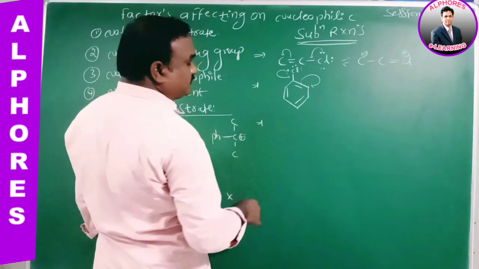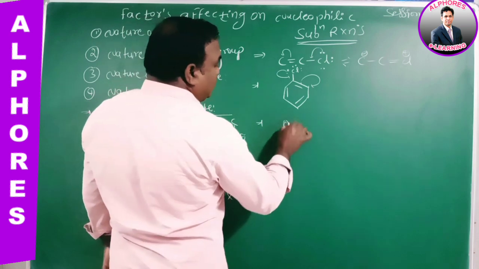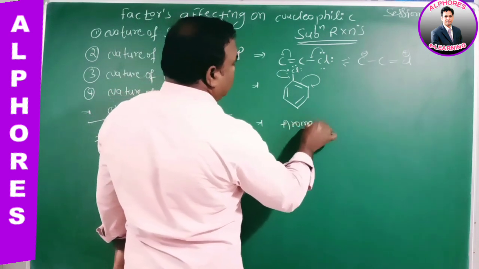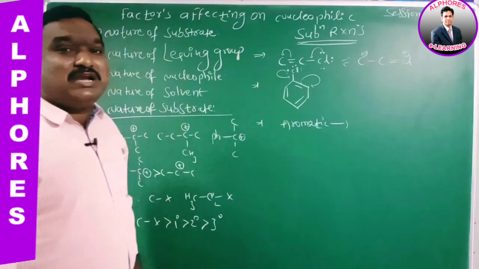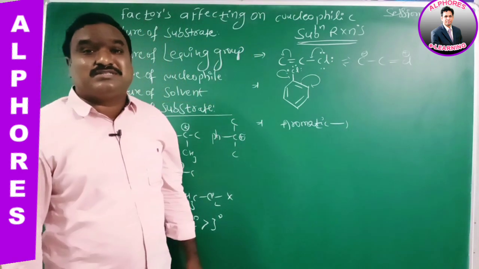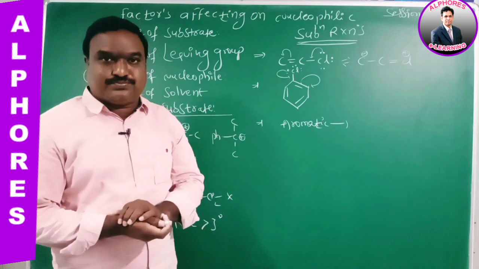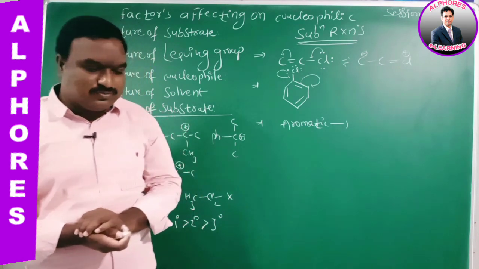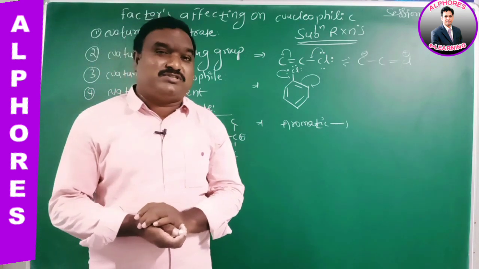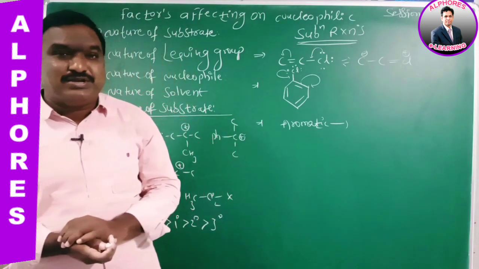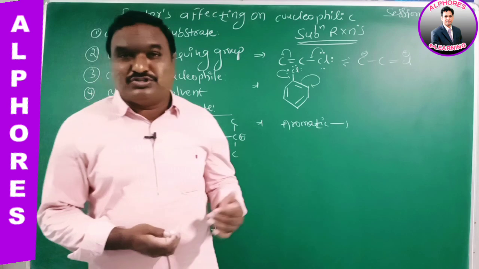But aromatic halogen compounds' reactivity increases in the presence of an electron withdrawing group. I think you already know how to identify whether the given group is a withdrawing group or a donating group, based on the inductive effect or mesomeric effect.